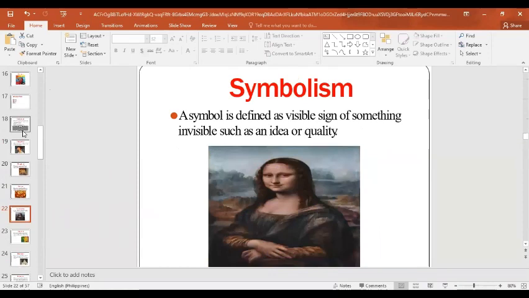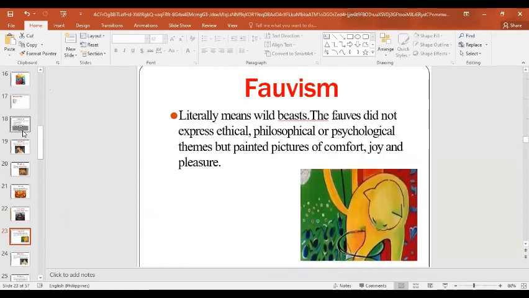Next, we also discuss symbolism, na when we talk about symbolism, visible sign, pero may something or nag-a-add ng mystery behind the art piece. We also have Fauvism, na gumagamit tayo ng bright colors in order for us para maipakita natin yung comfort, yung joy, and also pleasure.